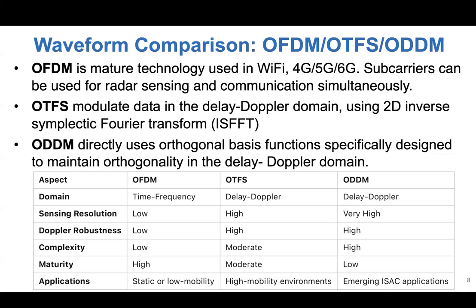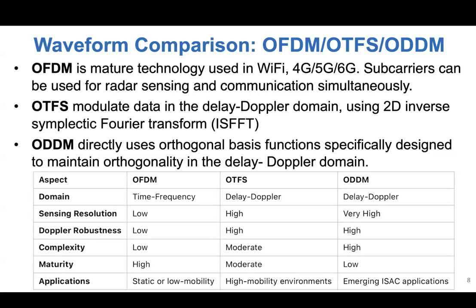Remember, only at the sampling frequency are OFDM subcarriers orthogonal to each other. If you are slightly off, you will have inter-subcarrier interference. So OFDM only works for this low-frequency part.